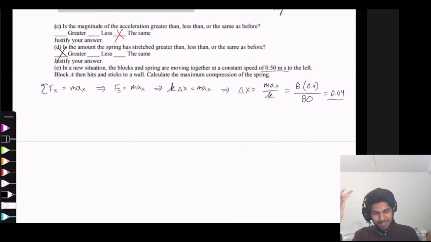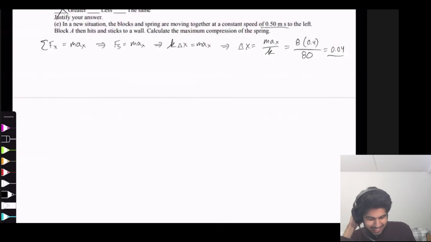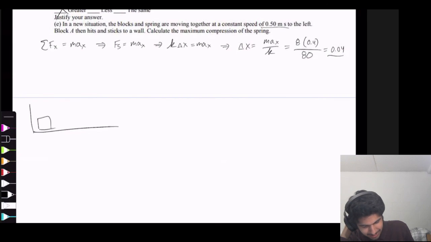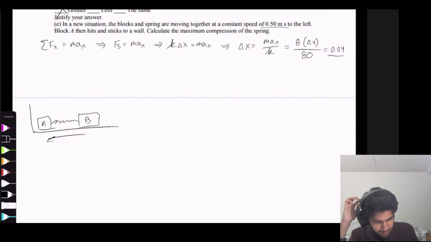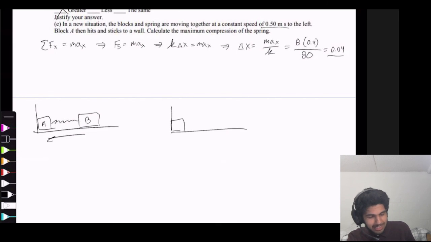So this is quite the interesting situation. We have this block here. This is A, and then it's connected to a spring. This is B, and it's moving to the left. And block A hits the wall. So our initial thing that we're going to consider is the moment it hits the wall. But then when it hits the wall initially, block A is going to stay where it is, right?